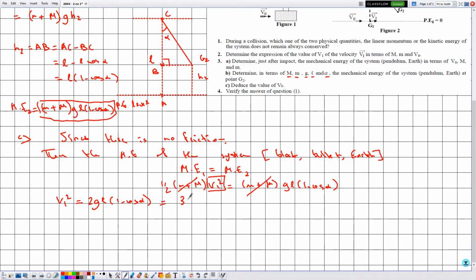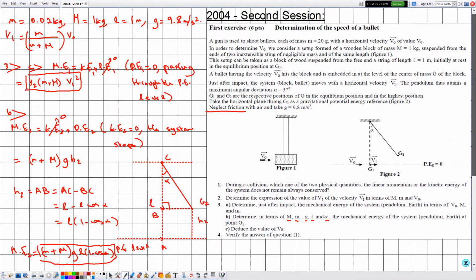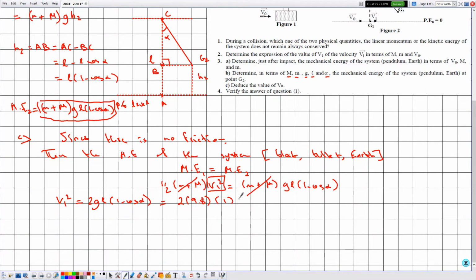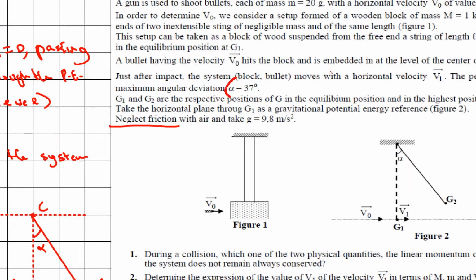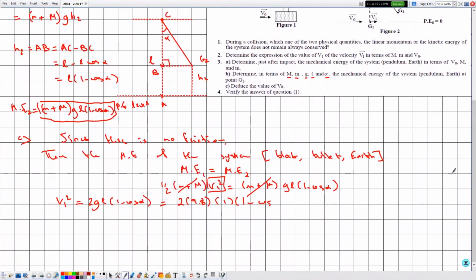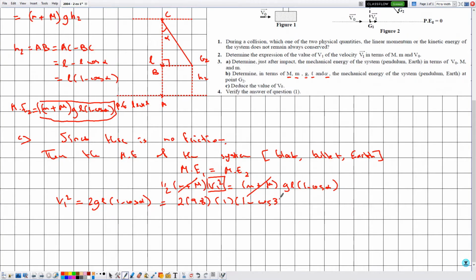So let me place the values. 2 multiplied by 9.8 multiplied by the length of the pendulum, which is given by 1, multiplied by 1 minus cosine 37, because the value of alpha is given by 37. And here we need to make sure that the calculator is in the degrees mode. Now plugging this on the calculator, then the value of V1 square is given by 3.95.